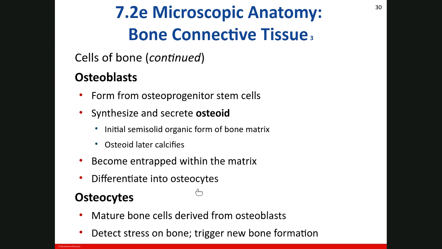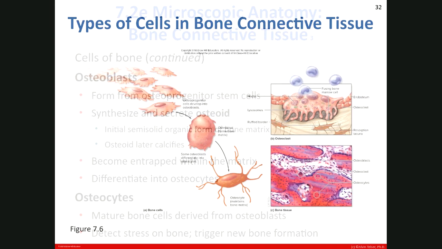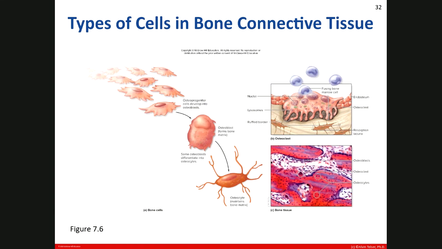The osteocytes are mature bone cells derived from osteoblast. They detect stress on the surface of the bone, and they can trigger new bone formation. Now look at this picture. In this picture, you can see this cell line. First, we have osteoprogenitor cell.